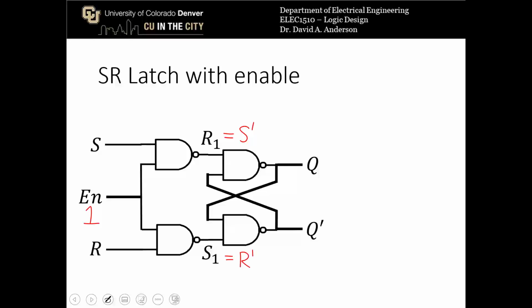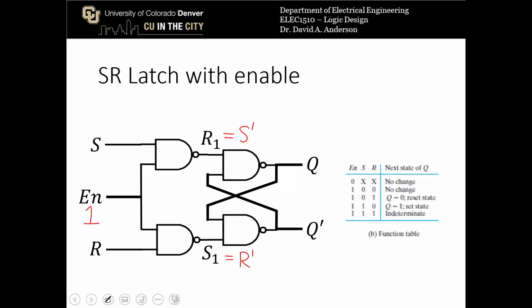I'm not going to go through the whole truth table because we would have to identify all values of S and R and then get S prime and R prime as the inputs to the traditional SR latch. But the truth table ends up looking like this. Again, when enable is a 0, we never get any change at the output for any value of S and R. When enable is a 1, we get all of the traditional SR latch functionality.